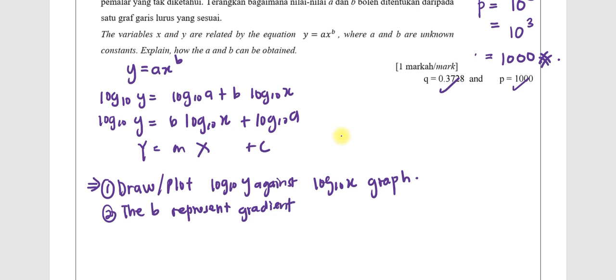Okay, b represent gradient. C macam mana kita nak cari? A macam mana kita nak cari? 10 power C, right? Okay. So the A is equals to 10 power C. That's how we find out the value of A and B lah.